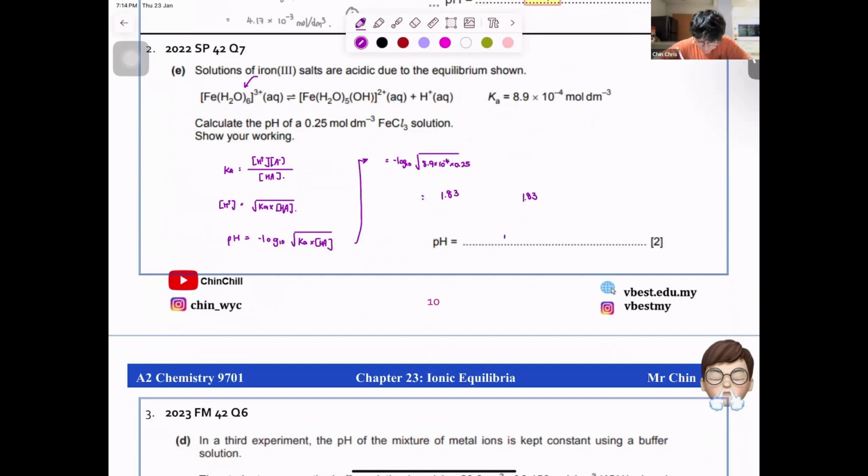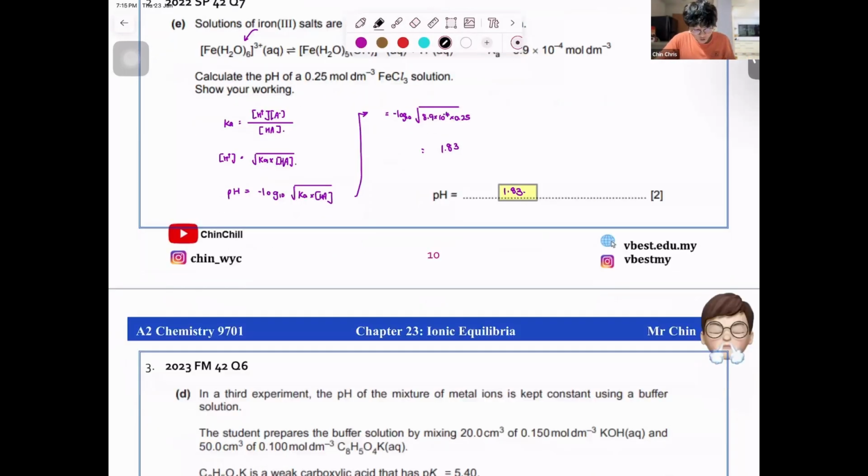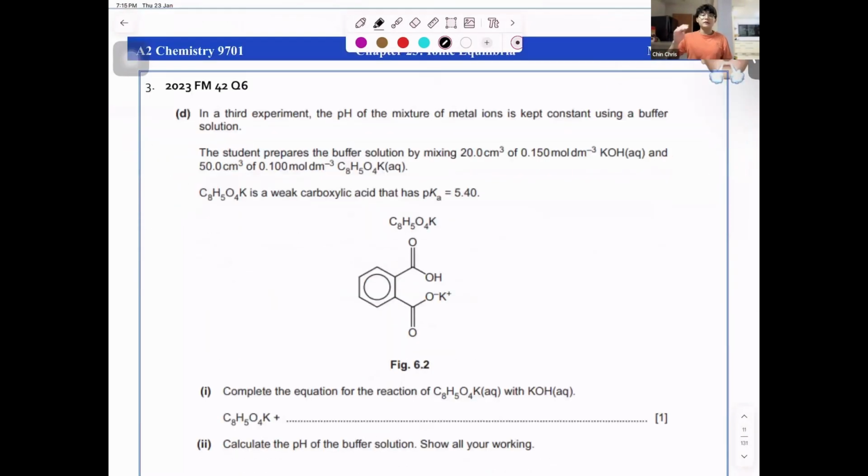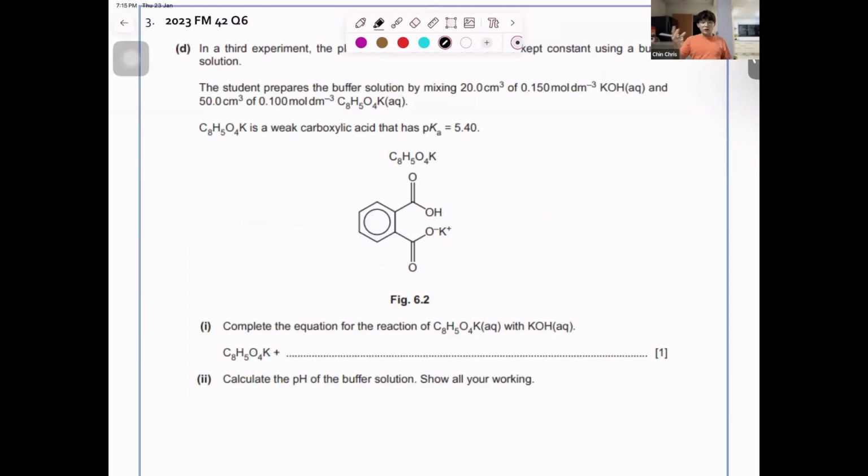Good job, guys. Doable? Calculation of weak acid is that simple, guys. It's not that hard, follow through. We're going to go step by step, and I'll get you a lot of questions to practice. Do you want me to try 3, or do you want me to move on to buffer?